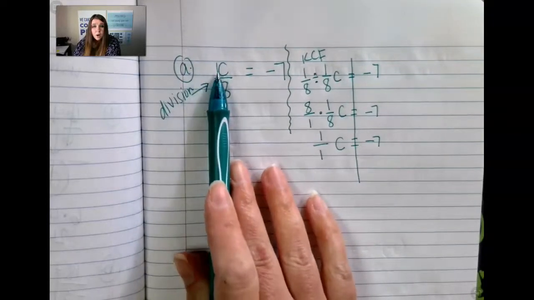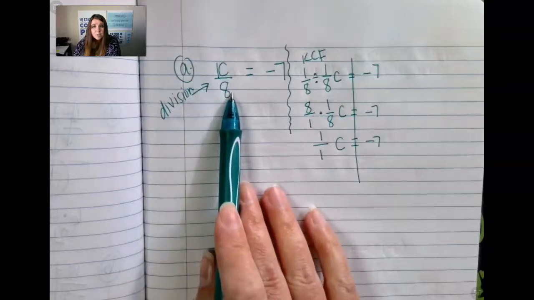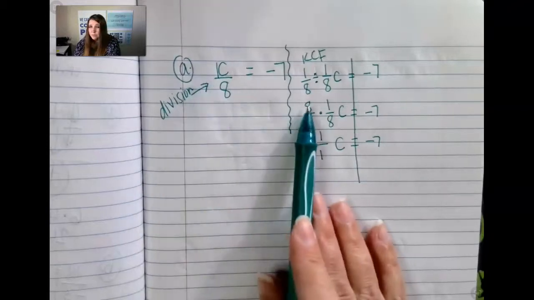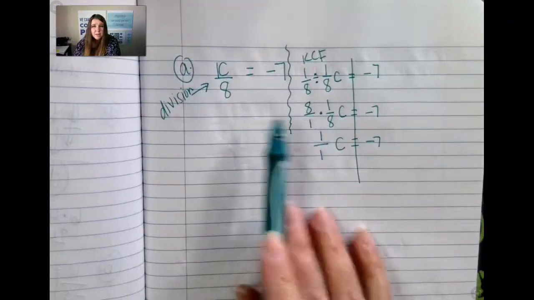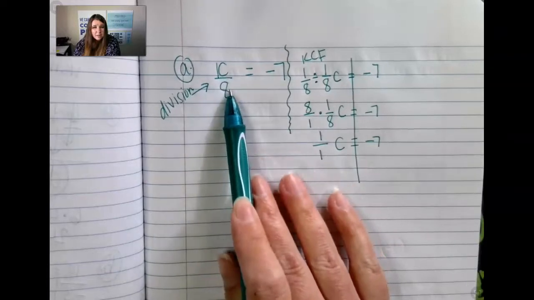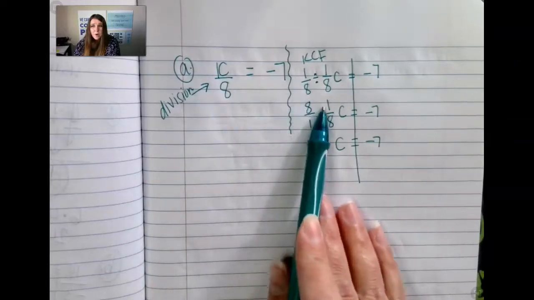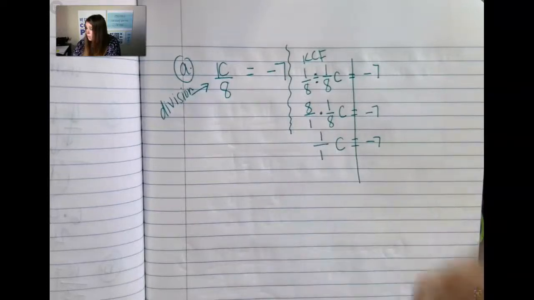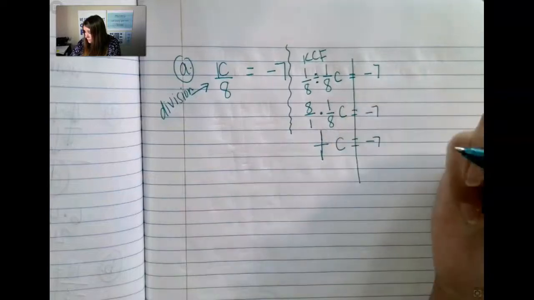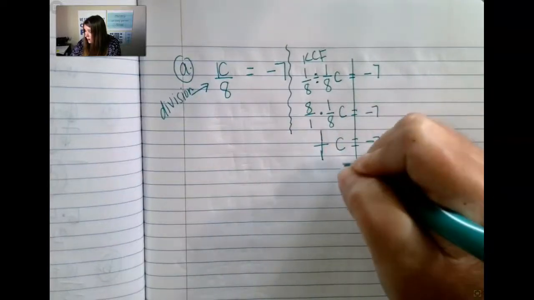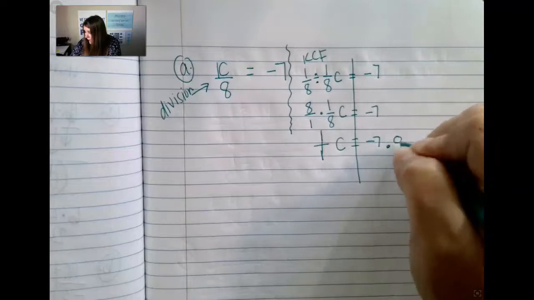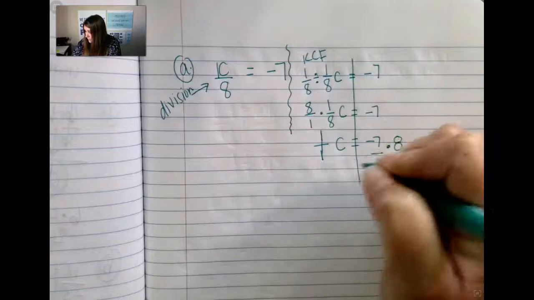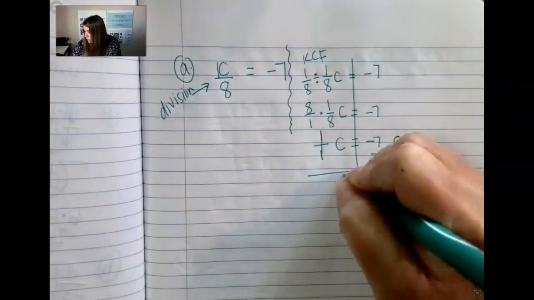So in order to undo division, we had to multiply by 8. Well, if you're multiplying by 8, you're really multiplying by 8 over 1 because this is 1C over 8. So you've just rewritten the problem to make a reciprocal. Well, a reciprocal gives us 1 whole. Well, if I multiplied by 8 over 1, I have to multiply by 8 over 1 on this side. Oh my goodness, so much work.